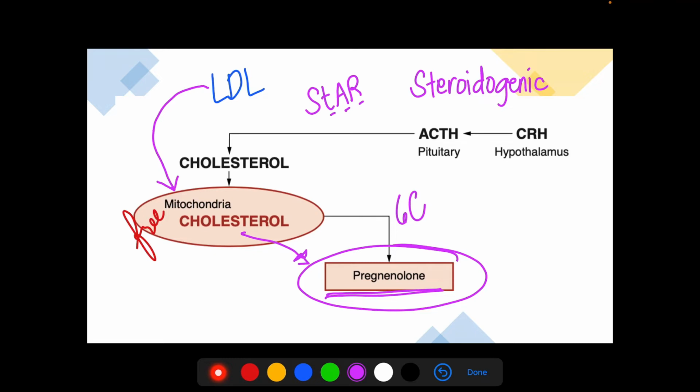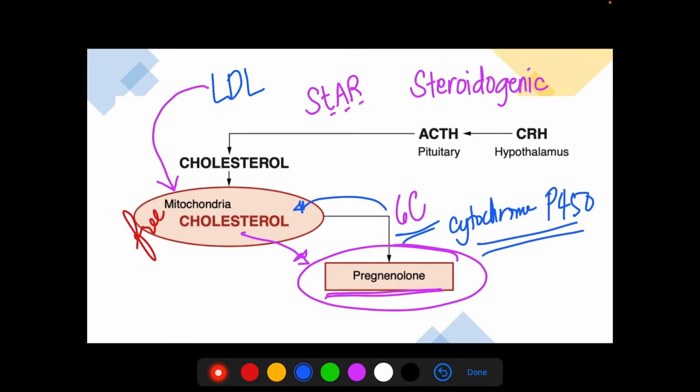By the cytochrome P450 enzyme, the mitochondrial membrane cytochrome P450 enzyme. So again, the conversion of cholesterol to pregnenolone is a rate-limiting step in the synthesis of steroids, wherein 6 carbons are removed from cholesterol by this cytochrome P450.